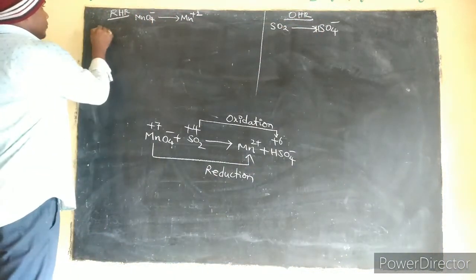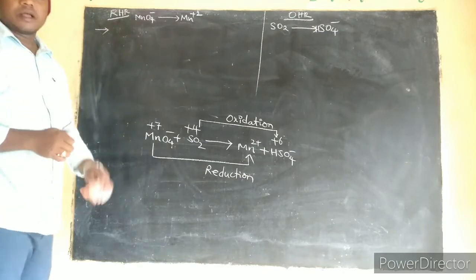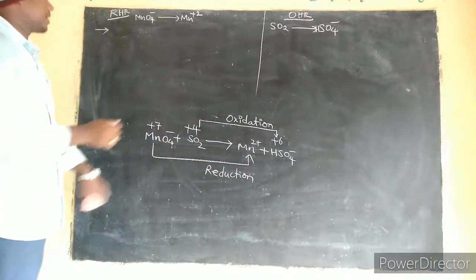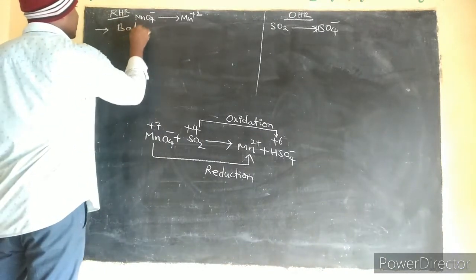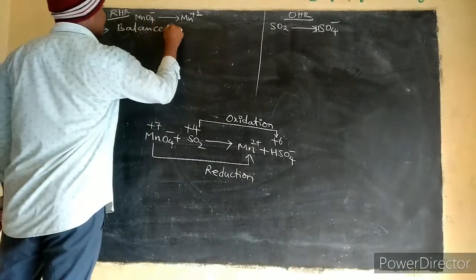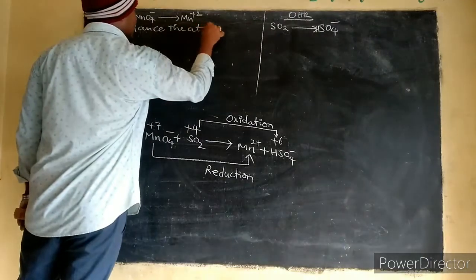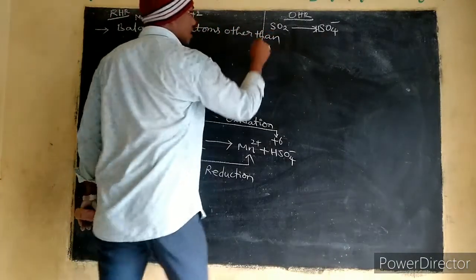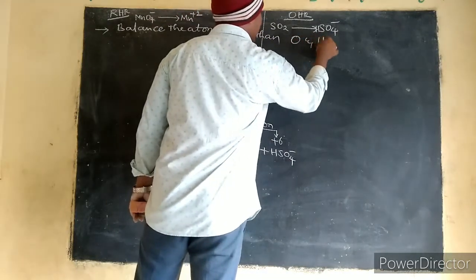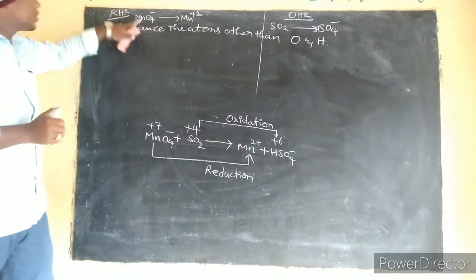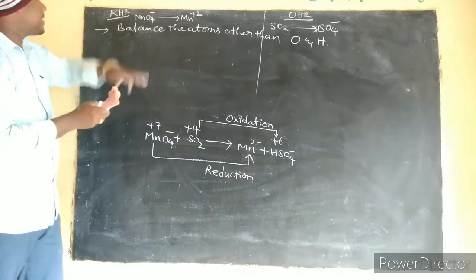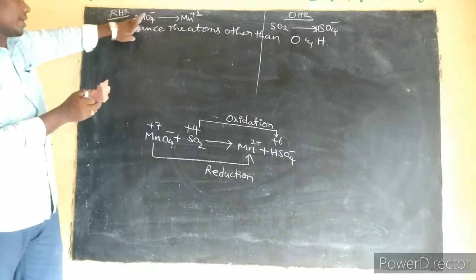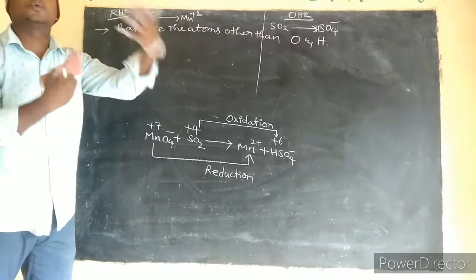So what is the first condition? Balancing the atoms other than oxygen and hydrogen, correct? So here, other than oxygen and hydrogen, only manganese is there. How many manganese atoms here? 1. Here also 1. So no need to balance.